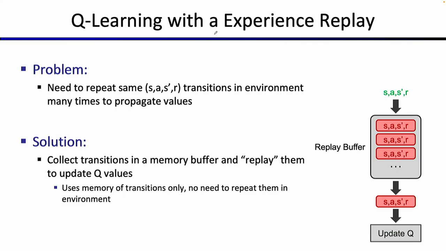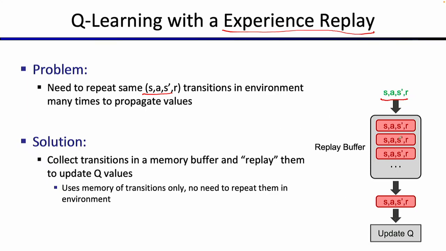One of the solutions that gets used very frequently in practice to address this is experience replay, where you collect these transitions, and instead of directly using them to update your Q function, you store them in some memory buffer.